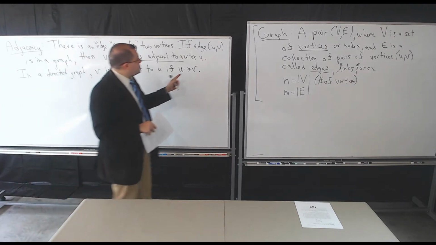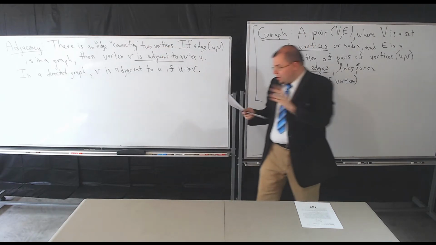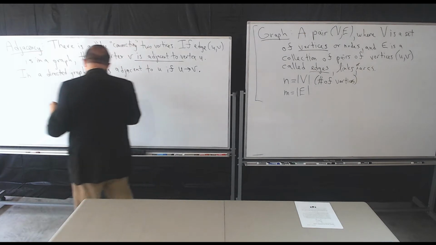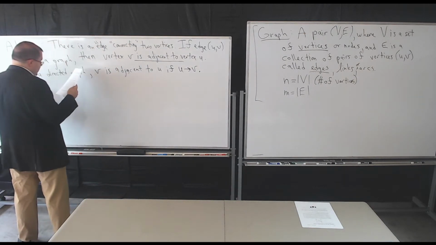That only is the case if an edge (V, U) existed in the graph. However, this notion kind of dissolves when you think about an undirected graph.